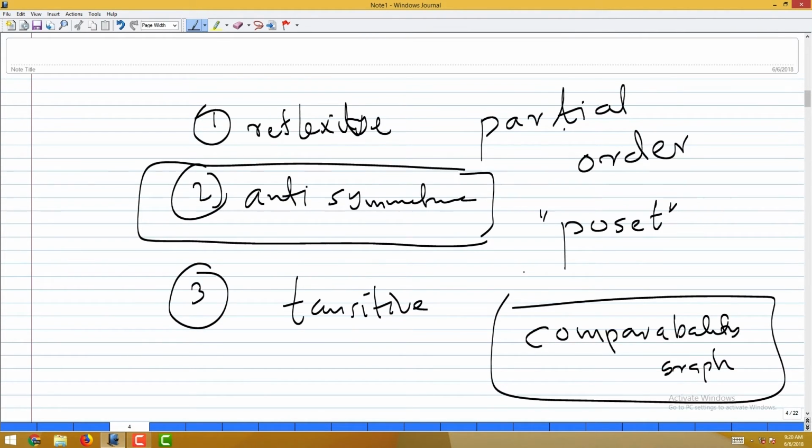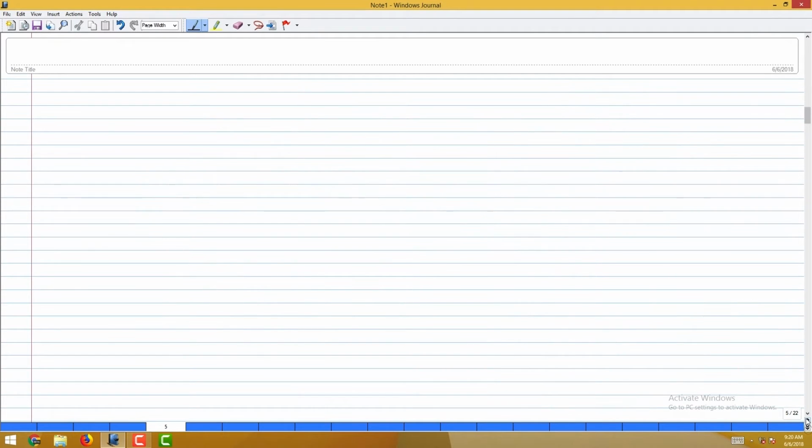Now, this is the way you define a comparability graph: a graph obtained from some partial order by discarding the directions, the underlying undirected graph. We can discard the self loops also, that is unimportant, self loops are of no use.